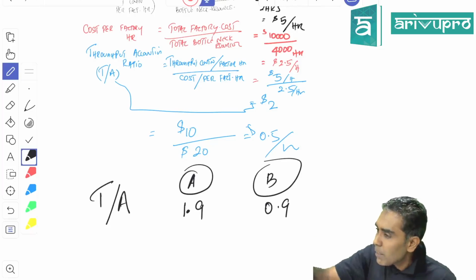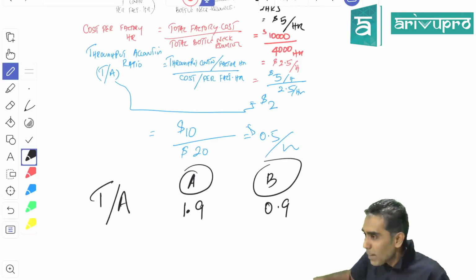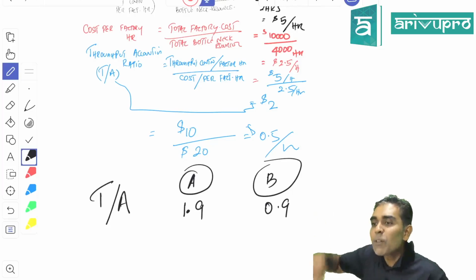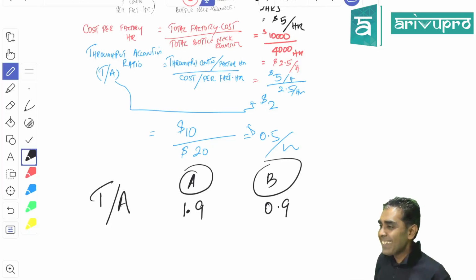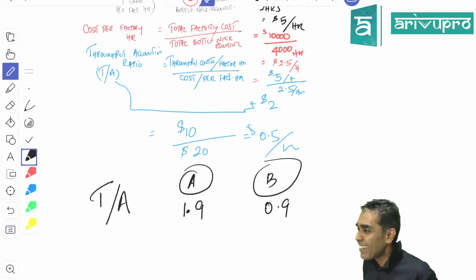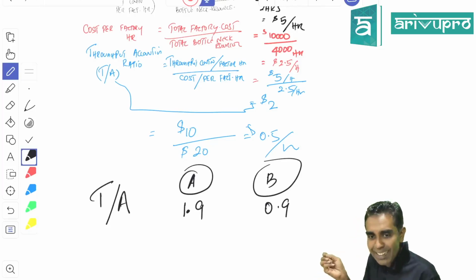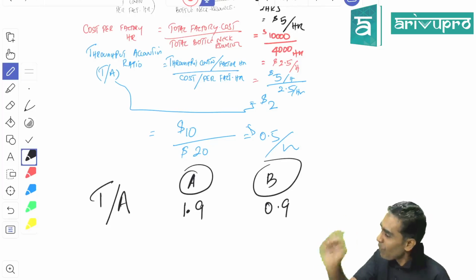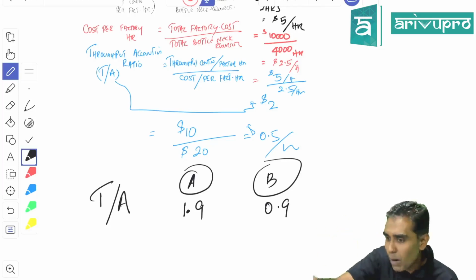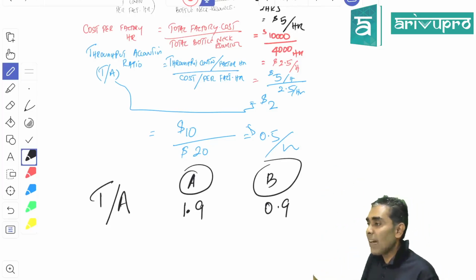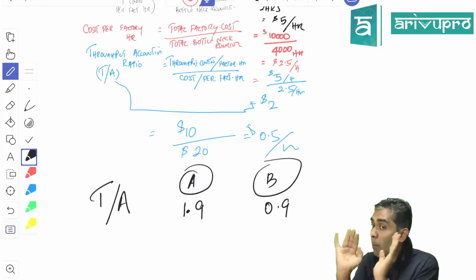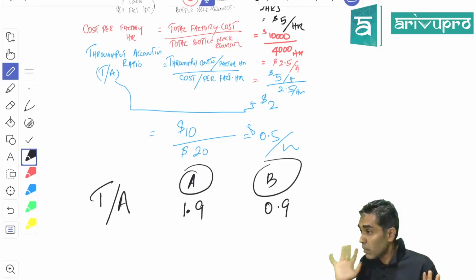It is not compulsory to recover the overhead through product B. Since product B is giving you a positive contribution, both products can be continued as long as it is not negative. You don't need to calculate the TA ratio individually. If one product is giving you a TA ratio of more than one, all the other products, even if less than one, can be continued. That is the overall management accounting perspective. Listen very carefully.